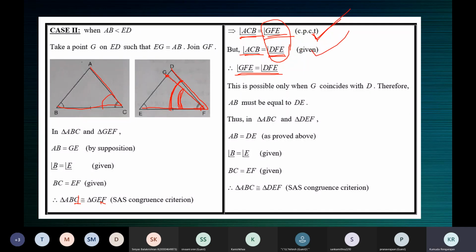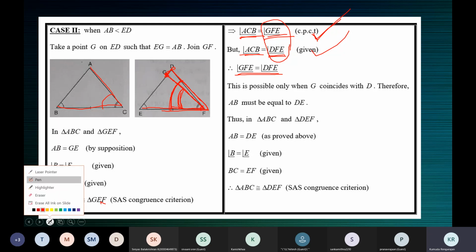By comparing these two results, we have GFE is equal to DFE. So that is possible. They can be equal only when the point G coincides with D. If G and D are two different points, then this is not true. G should coincide with D.